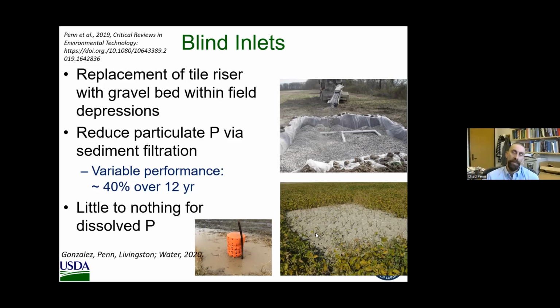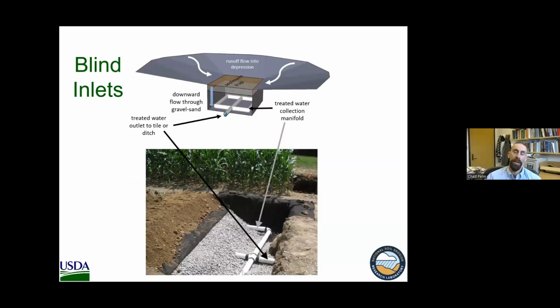Now, if you replace that gravel or amend it with a P-sorption material, then it becomes a phosphorus removal structure. Here's just a cutaway of the blind inlet to show you what it is.